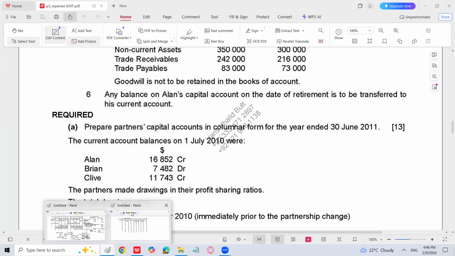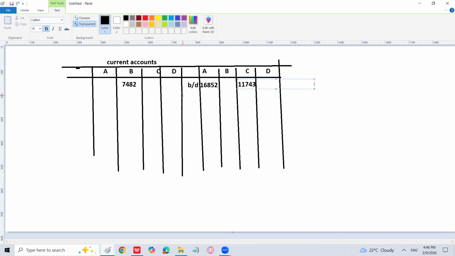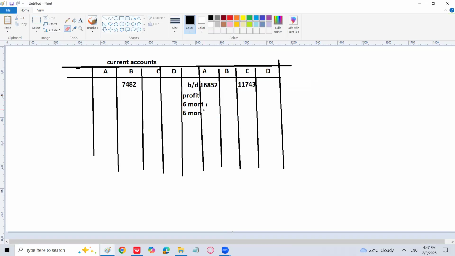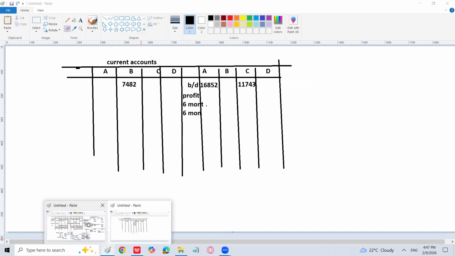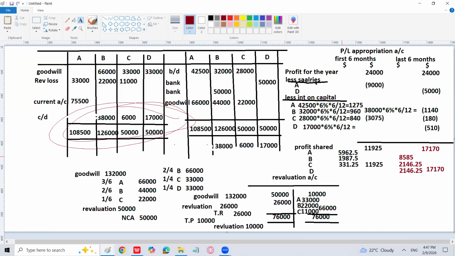Okay. Now what I will do, I will write here first of all profit share. So first 6 months, and then I have to write last 6 months. You have to do it accordingly, because the profits are going to be written separately for the first and last in the appropriation account. We are done with that. This is 5962.5, 1987.5.